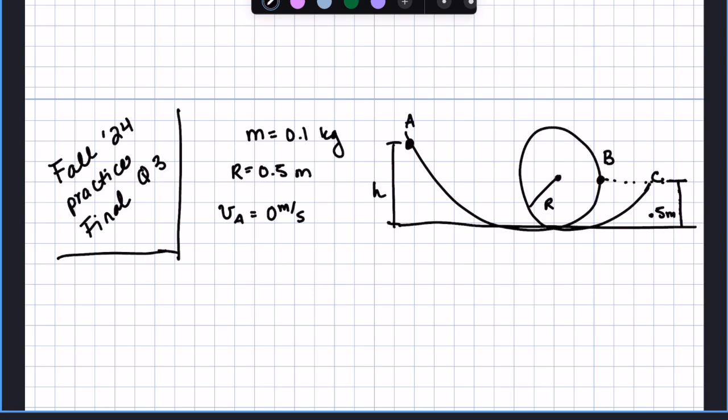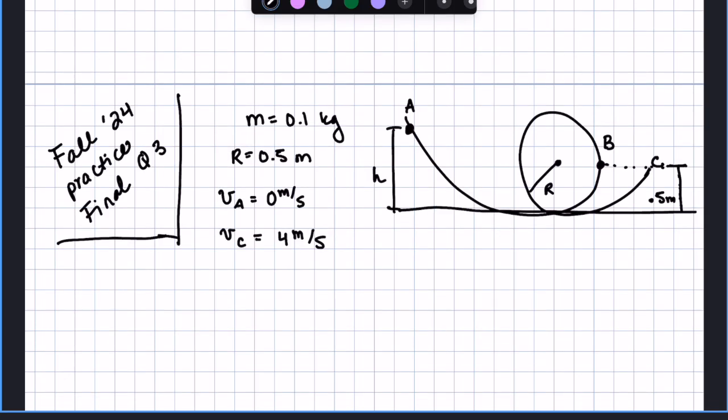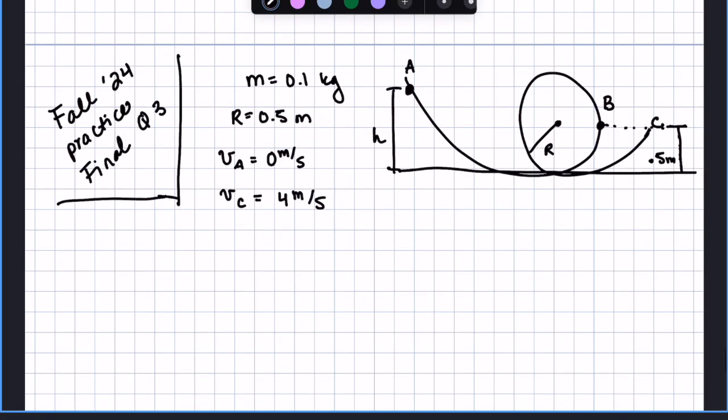The block slides off the track with a speed of 4 meters per second at point C. So I'll also tug that out, which is a height of 0.5 meters off the ground. Assume the entire track to be frictionless and air resistance is negligible, and our first thing we want to know is our height H. To me, at first glance, this is conservation of energy, because we've got some changing height and some changing speed, and the fastest way we can connect those two is conservation of energy.